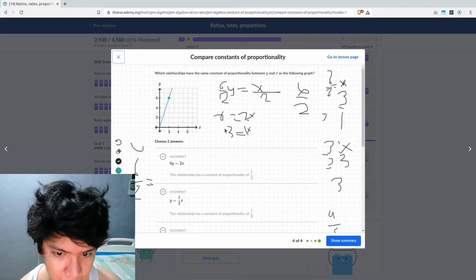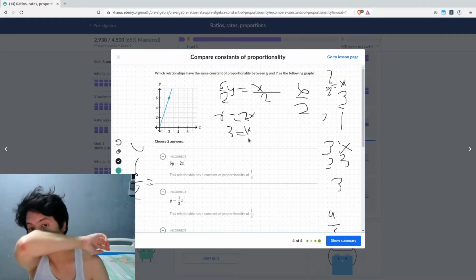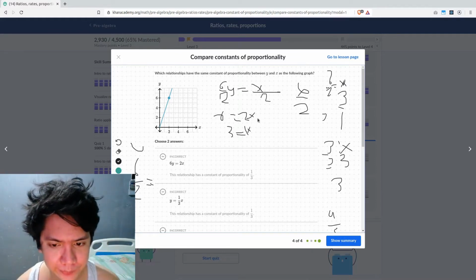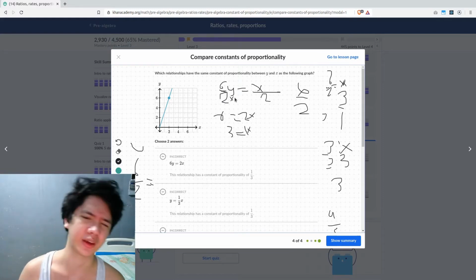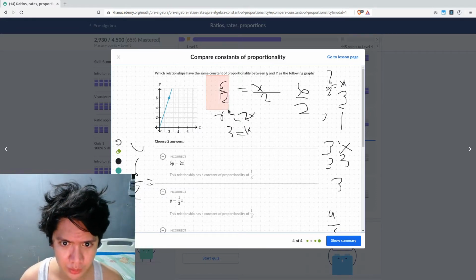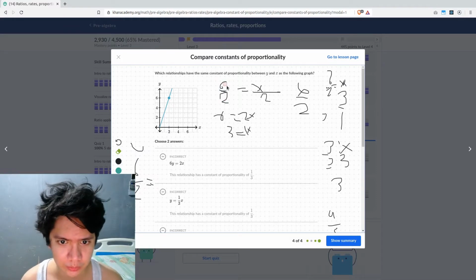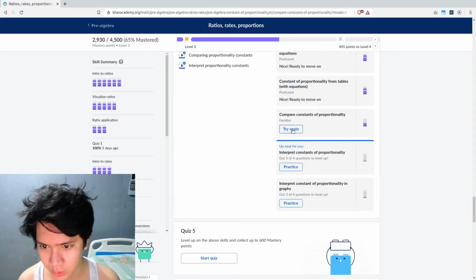Because you have 3y already and then 1x. Damn, this is getting confusing. Doesn't make sense to me at all. Why am I saying y over here when this should be x? Because this is actually the proportionality. So this 6 is actually the y, and then the 2 is the x. This is insanely hard, man.